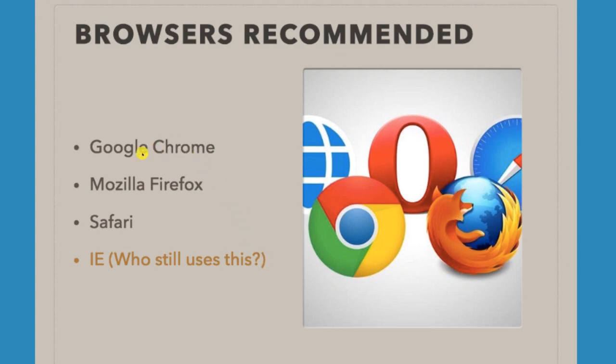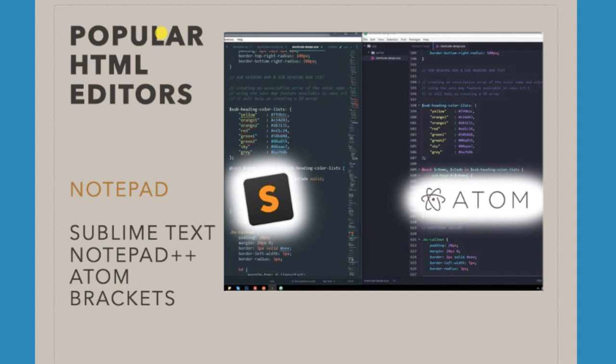It's not that difficult. I would recommend using any of these three browsers, that is Google Chrome, Mozilla Firefox or Safari. If you don't have any of these, I would recommend you to go ahead and install any one of these. I would recommend Google Chrome, but please don't use Internet Explorer because nobody uses that nowadays. And for popular editors, I would recommend Sublime Text because it's a very simple one to use for beginners.